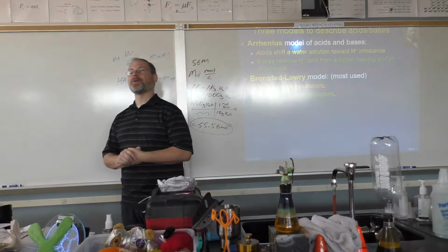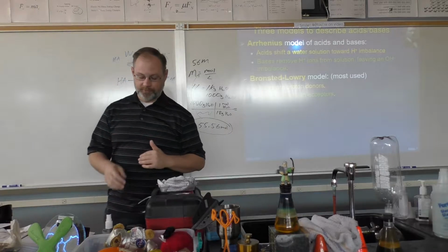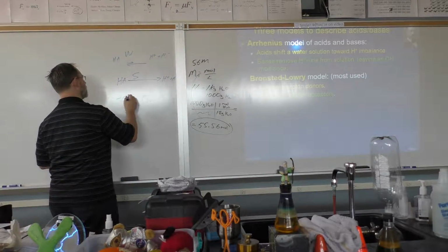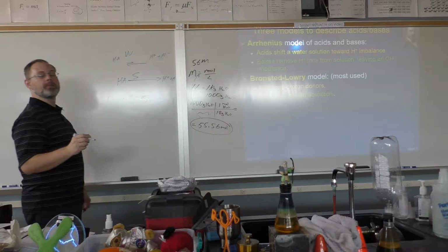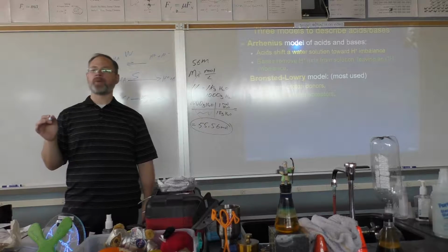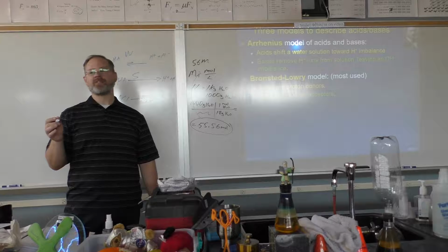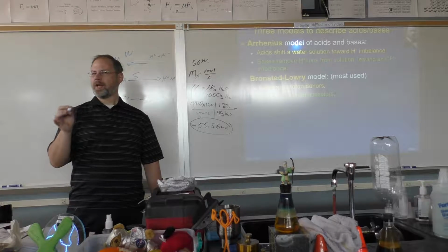Anyway, what it boils down to is a strong acid has a negligible conjugate base. So HCl is a strong acid, and the conjugate base would be Cl minus. Cl minus is a negligible conjugate base, meaning technically it's a conjugate base, but it has no basic property. Does that make sense? Okay.